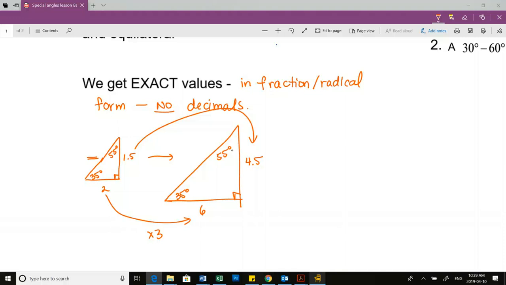So if I were to set up tan of 35 in either one of these triangles, I'm getting in the first triangle 1.5 over 2, and tan of 35 in the second triangle is 4.5 over 6. What are these both equal to?